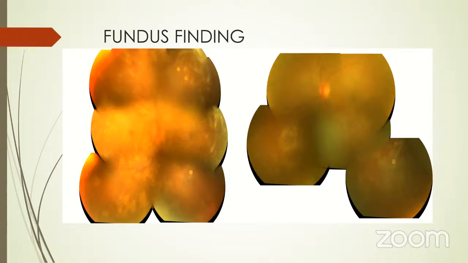So what other differentials can we think of in such a case? In neuroretinitis, what are all the differential diagnoses one should think of? Lyme, cat scratch. Right. Did we take a history of any tick bite, or travel to any forest area, or any kind of fever that the patient had? There's no history of fever, but I did not specifically ask for an insect bite, although I did ask him if there were any dermatological lesions all over.